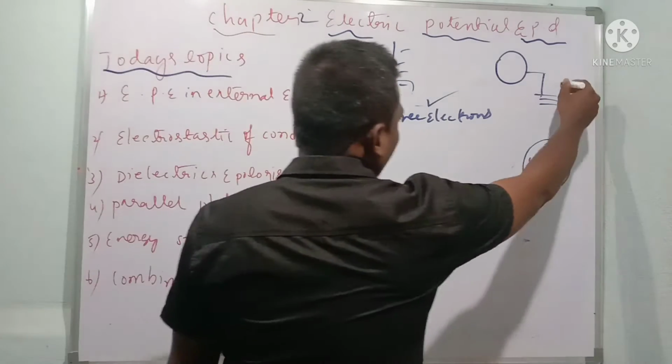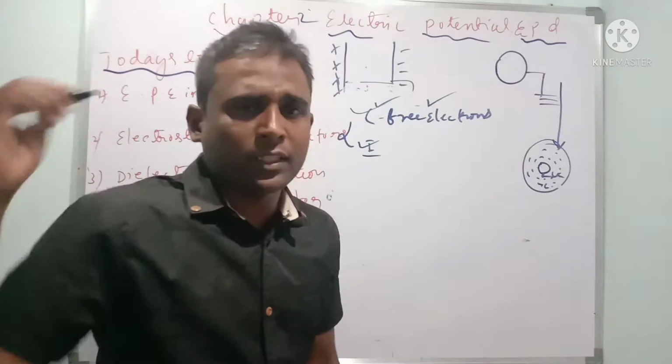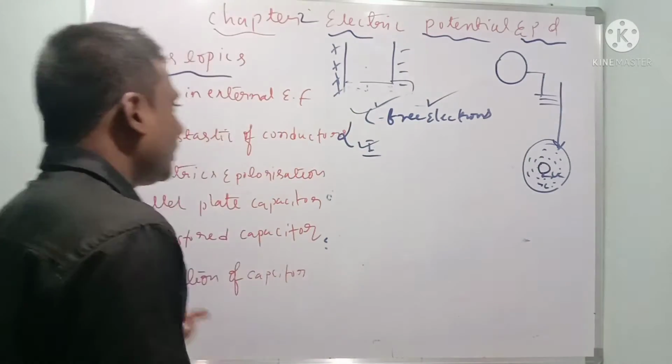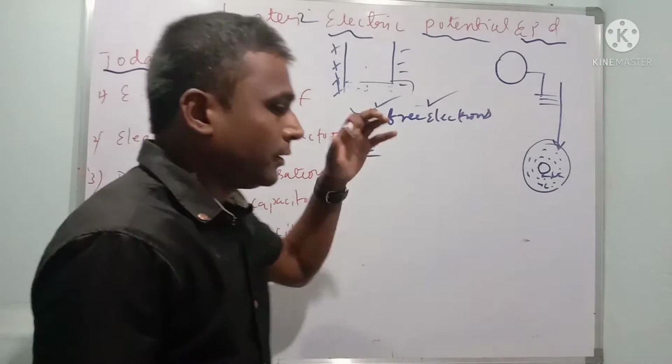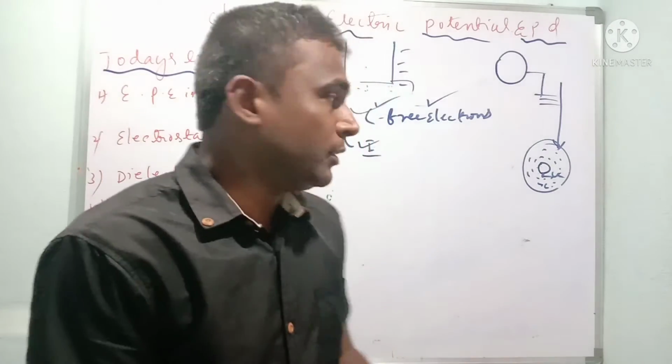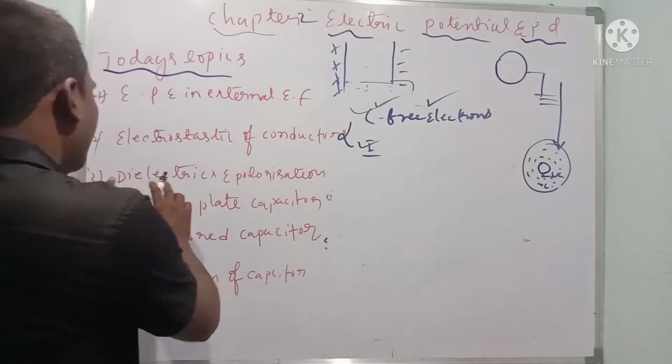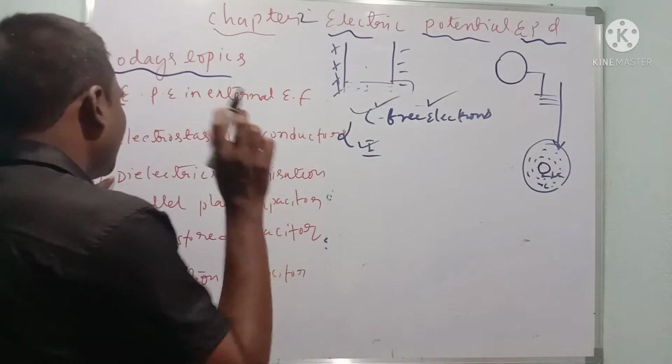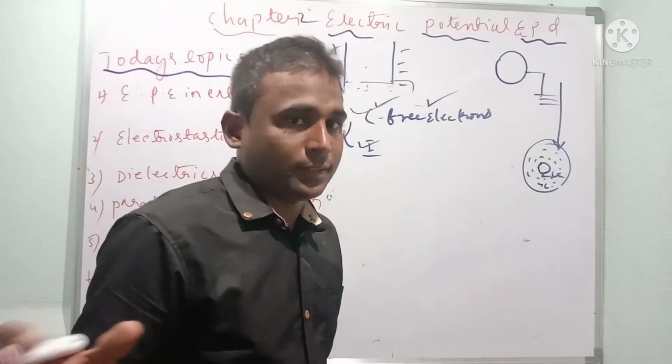Now we apply a strong electric field. The process of making insulators into conductors is called the dielectric process, and those materials are called dielectrics.